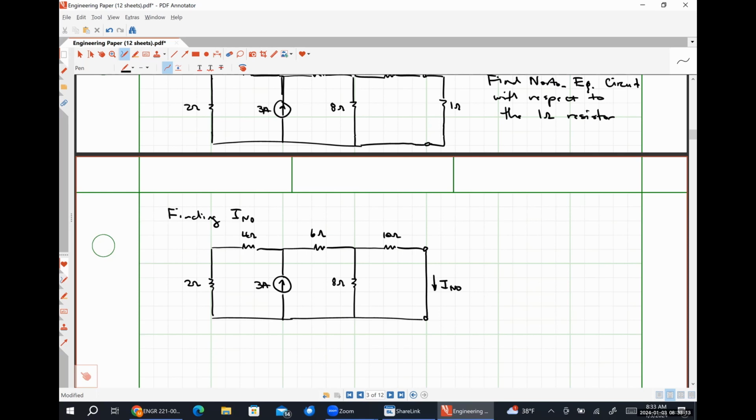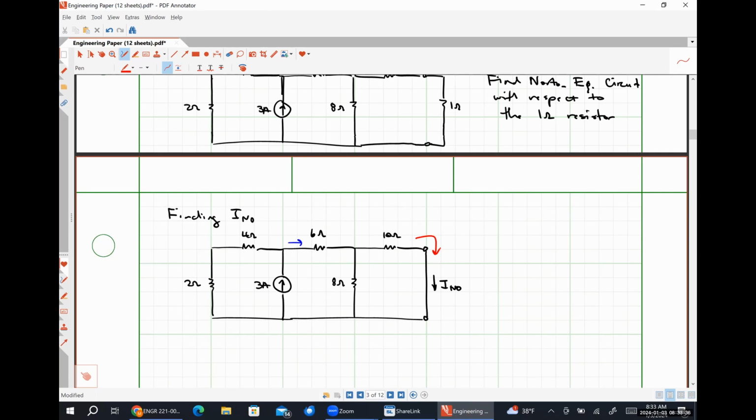So two methods jump out at me, both of roughly equal difficulty and involvement. The first one is doing current division twice. So effectively, if I can find the current that flows through this branch, I can then see how much of it splits up and flows through this branch.